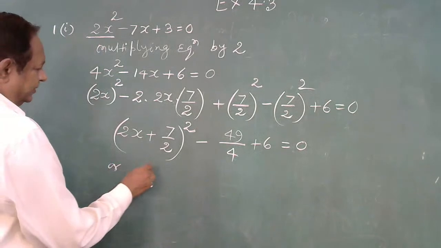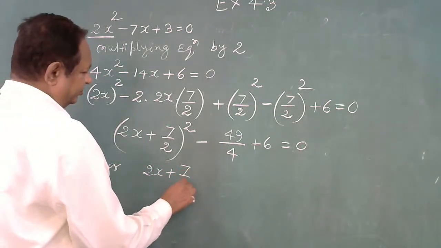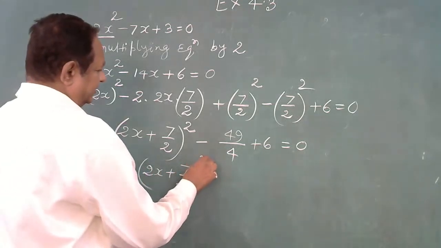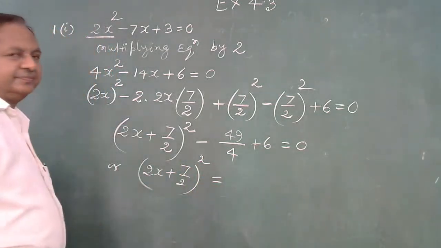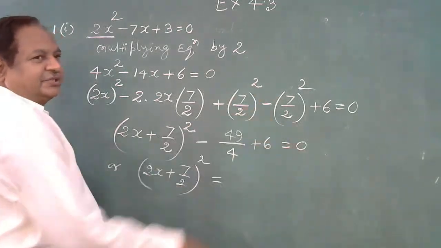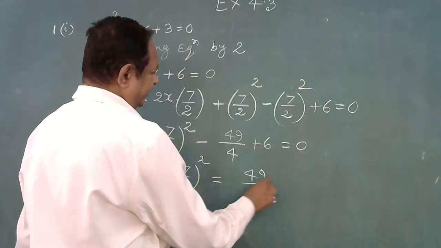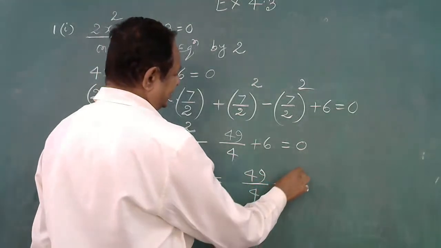Or 2x plus 7 by 2 whole square is equal to, transferring 49 by 4 from LHS to RHS, there will be a change in sign, 49 by 4 and minus 6.